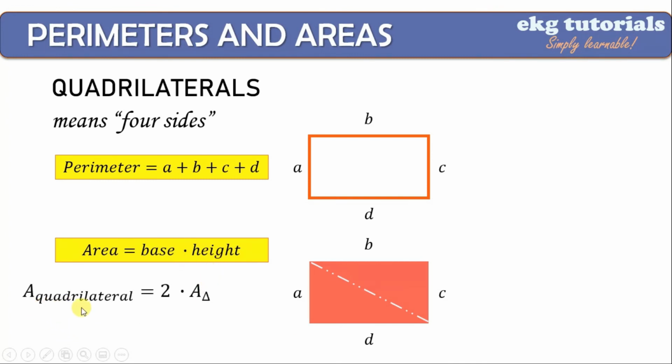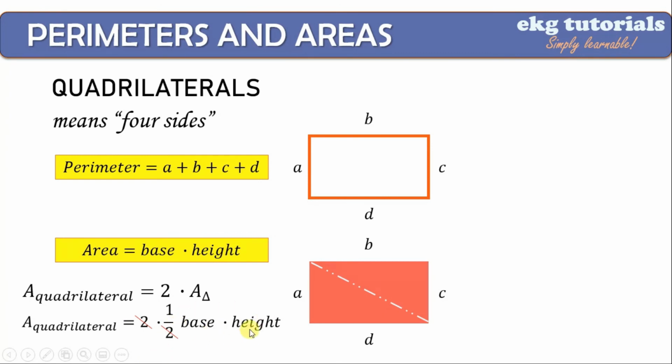Basically, the area of a quadrilateral is equal to 2 times the area of a triangle. We know earlier that the area of a triangle is 1/2 base times height. We just multiply it by 2, so this will be cancelled out.